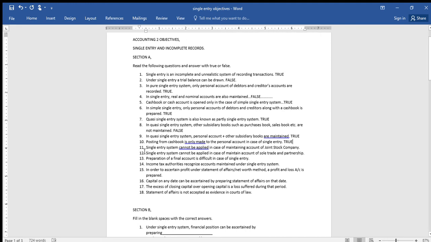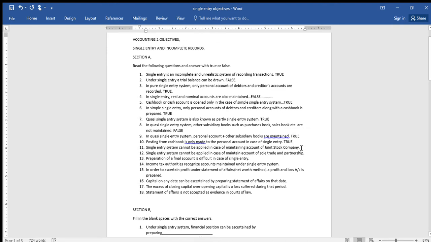Then number 11, single entry system cannot be applied in case of maintaining accounts of joint stock companies.